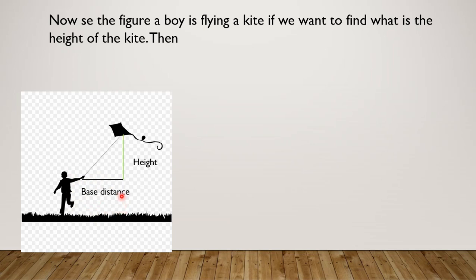We have to find this height, and when we add it with the boy's height we get the total height of the kite from the ground. The string is the length of the kite from the boy. So we can find the height of the kite from the ground by this triangle.